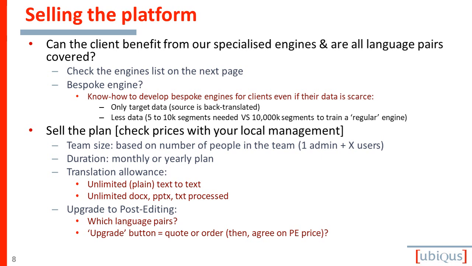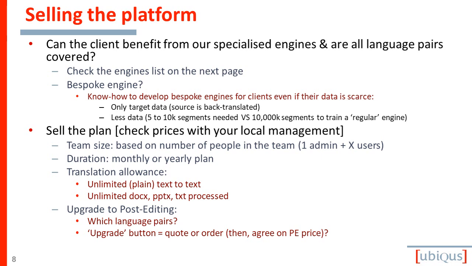You can of course invoice through 4D as often as you want. Translation allowance. So far the French team has decided to go for an unlimited plain text-to-text and unlimited DOCX and PPTX document number, but this could be limited if you wished to.